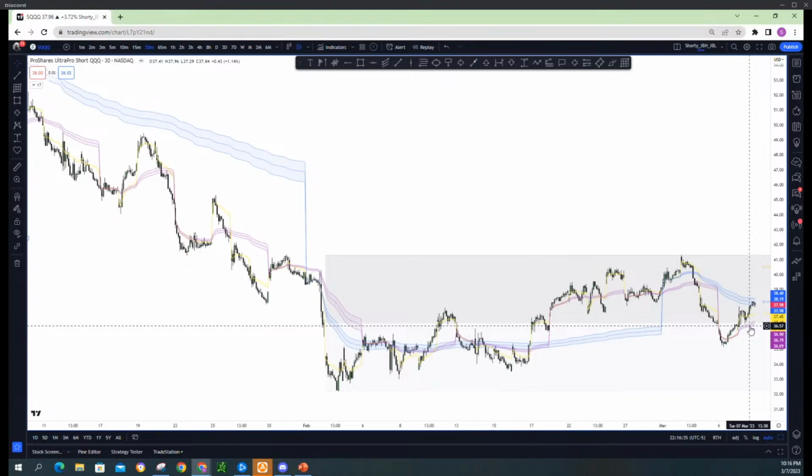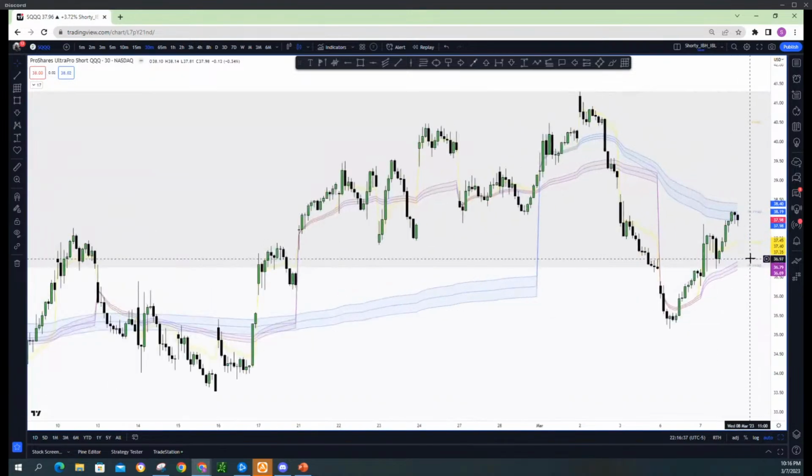36.9 was my fill, by the way, Shorty. Yeah, that's a pretty good fill, I would say. You got it better than me. I forgot what I paid. I did a market order. Golly, Fidelity takes 45 minutes to get in.